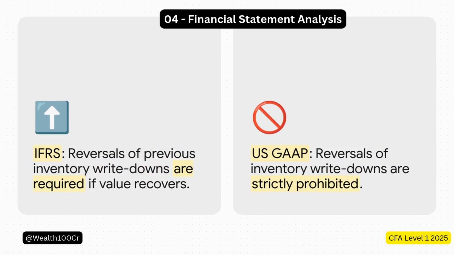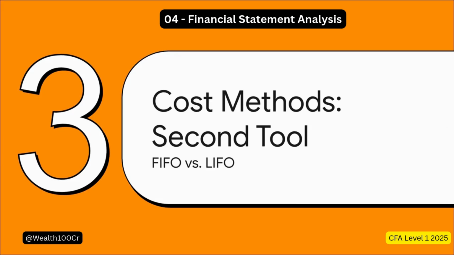And this slide right here is probably the most important distinction for the exam. Under IFRS, if inventory that was written down suddenly recovers its value, the company can actually reverse that write-down. But under US GAAP, no way. Once it's written down, it stays down. That loss is permanent. Okay, next up is our second tool, and trust me, it's a big one.